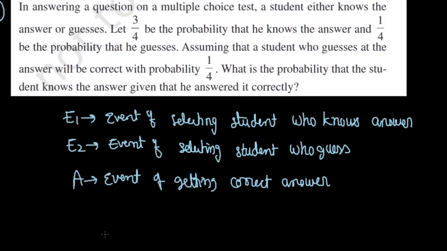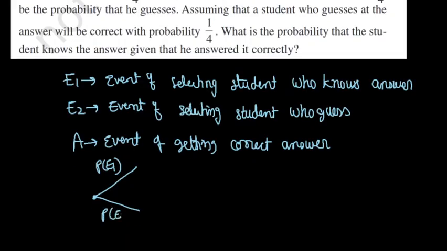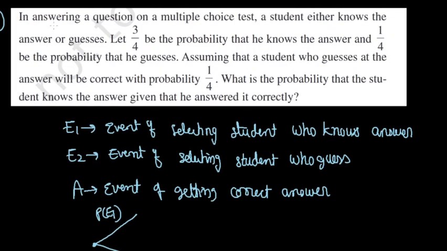Now let's check. P of E1 and P of E2. The question says a student either knows the answer or guesses the answer.